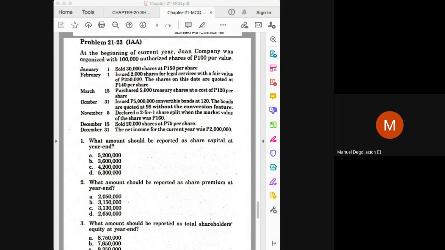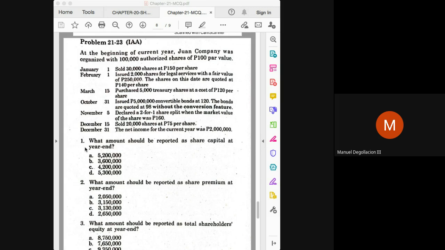That will give you 4,900,000. Okay, and credit the balance to share premium at 1,100,000. Okay, and then remember, we will not be allocating this based on fraction because the price here is for a debt and equity. If it's for both debt and equity, priority is given to the debt instrument.